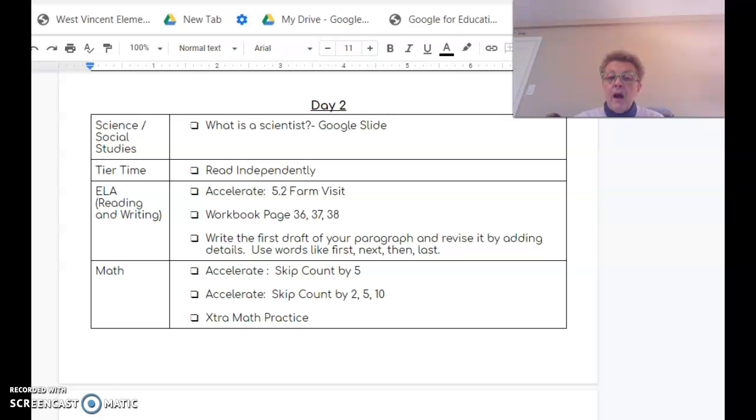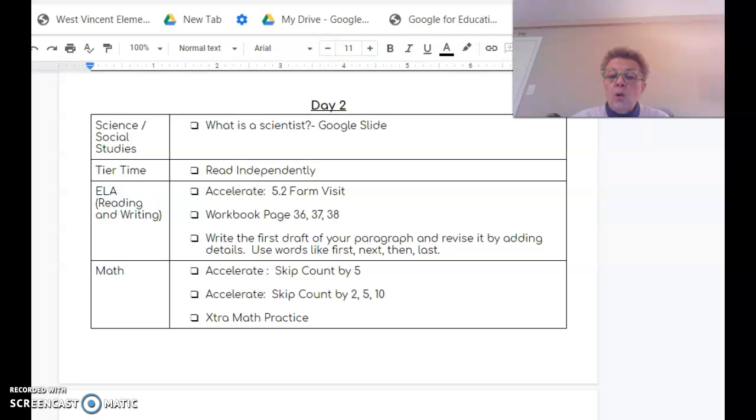So, a recap. You are doing What is a Scientist Google slide in Science today. After you brainstorm what you think a scientist is, does, along with different types of scientists you know, then you are going to spend your time reading independently. In language arts, you are going to complete 5.2 Farm Visit in Accelerate, along with workbook pages 36, 37, and 38.